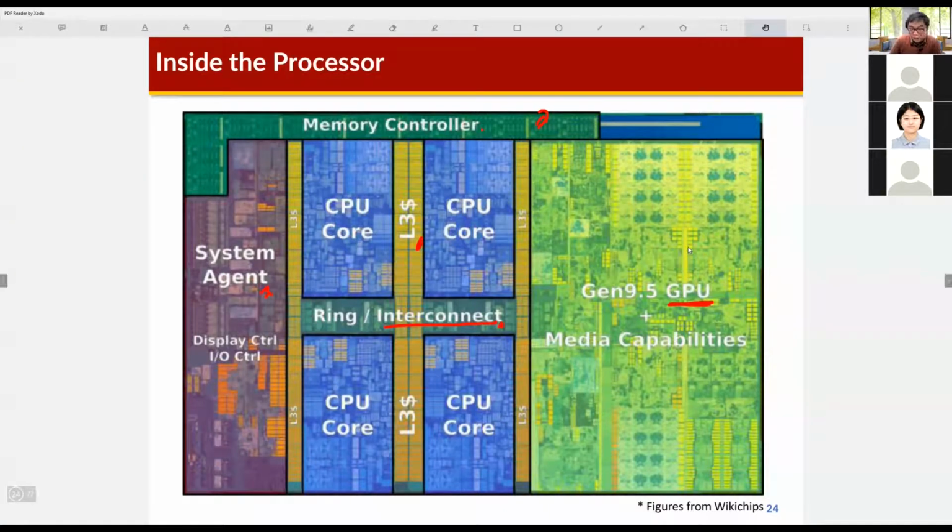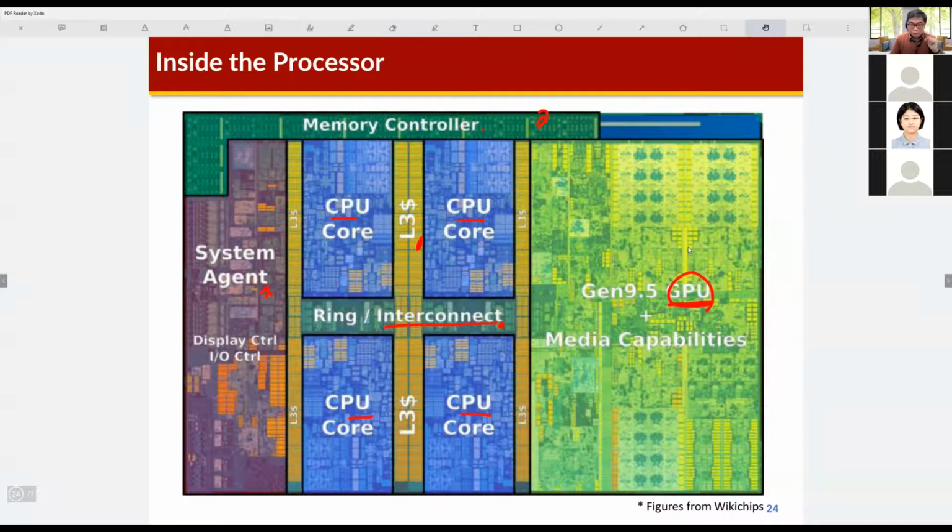So if we see this figure, we can know that this Intel processor has 4 CPU cores, here, here, here. This Intel processor includes the memory controller and GPU.